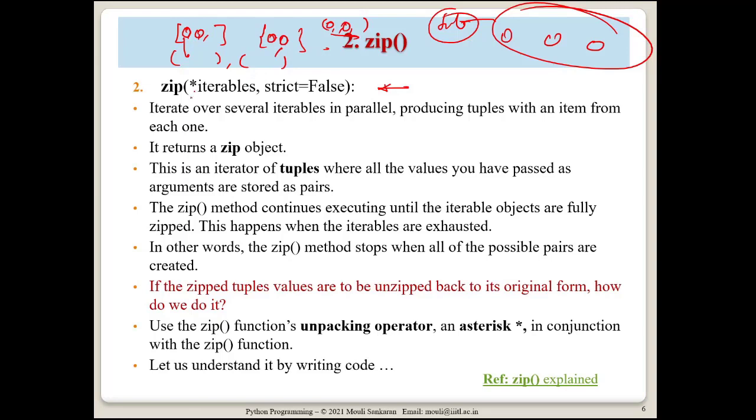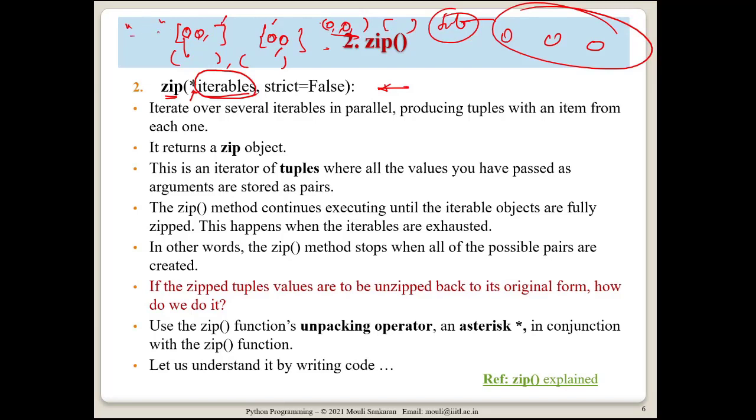Now there is a star before iterables. That means I can pass any number of iterables to the zip function. It's not limited to 3. I can mix types also. It's not necessary that all of them be lists. I can have a list with a dictionary, a set, and a tuple, whatever. As long as they are iterable, I can even pass a string.